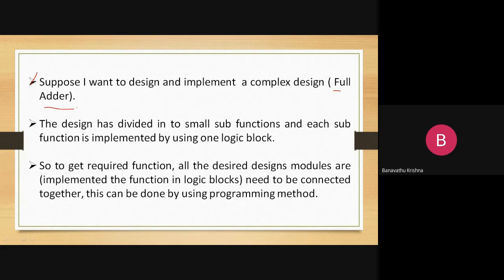Here, initially we are going to write a program for the functioning of this particular full adder by using the VHDL language. The second point is that the design has to be divided into small sub functions.